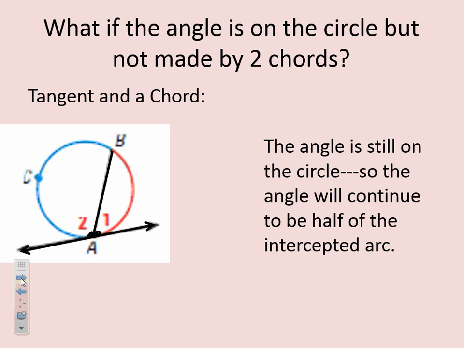Now, the angle will continue to be half of the arc across from it simply because the vertex is still located on the circle, so this angle too would be half of this intercepted arc, or the arc that's across from it. And the same thing for angle 1. This angle is still on the circle, so I look at the arc that's intercepted, and that will help me find my angle degrees. The angle is half of the arc, okay?